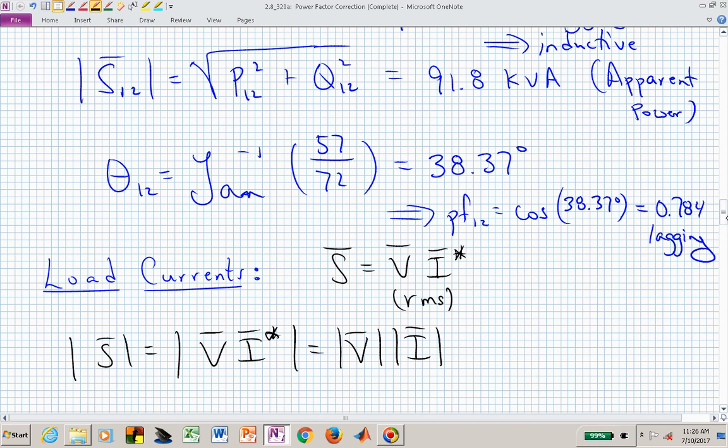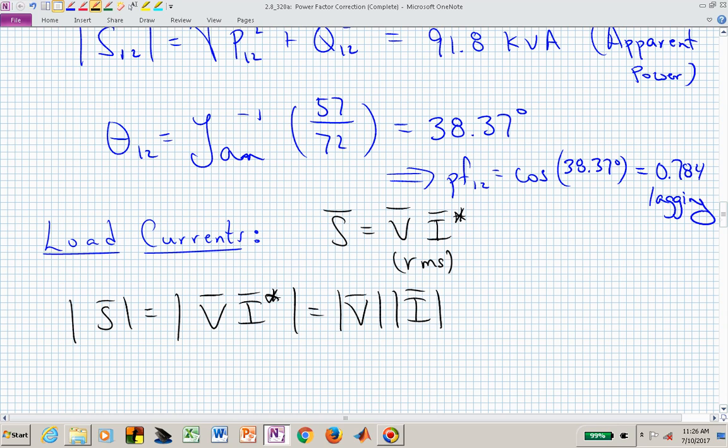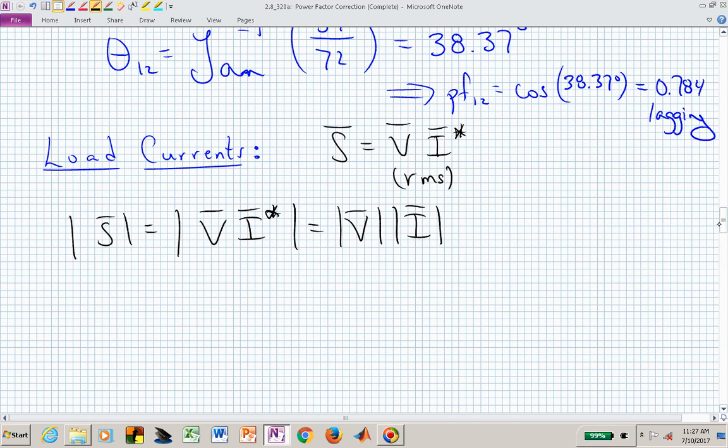Using the apparent power, it's just the product of the magnitude of the voltage and the current. These two loads were both in parallel and they shared a common voltage of 500. What we can use are the complex power magnitudes of both of those to find the magnitude of each individual current at the load.